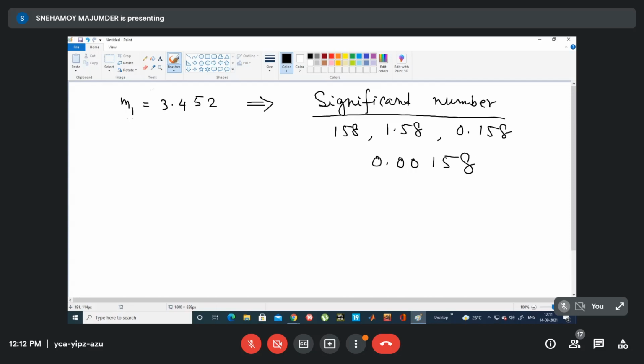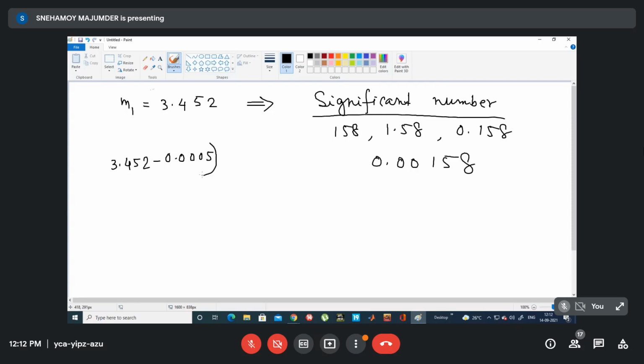So say 3.452 is the correct value, but you are getting 3.4, so you have an error of 0.0005.